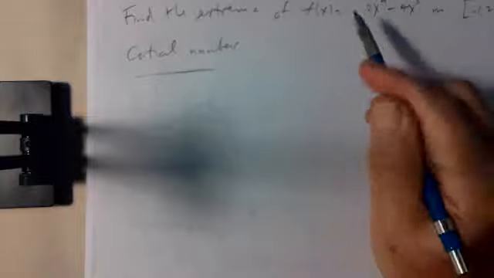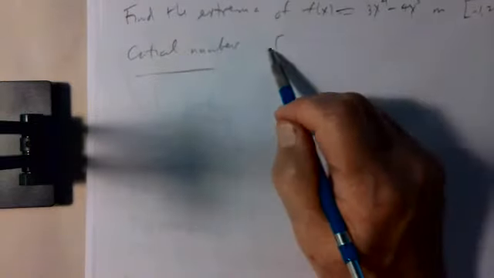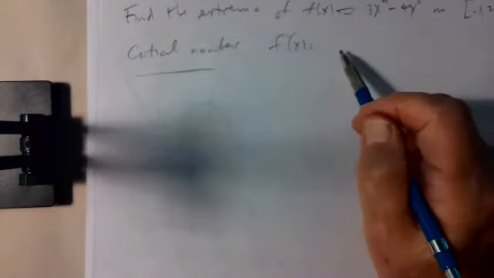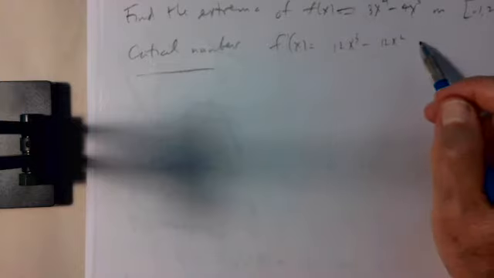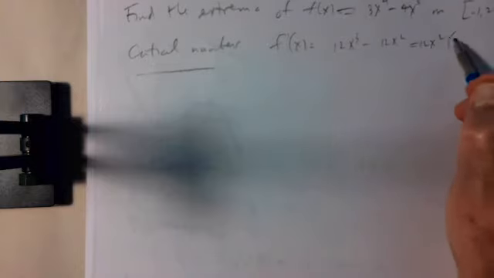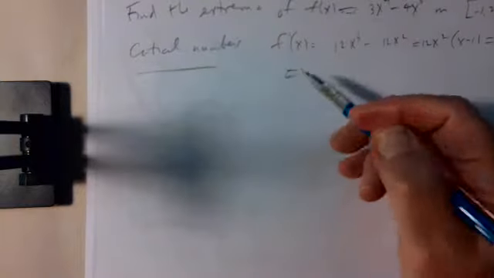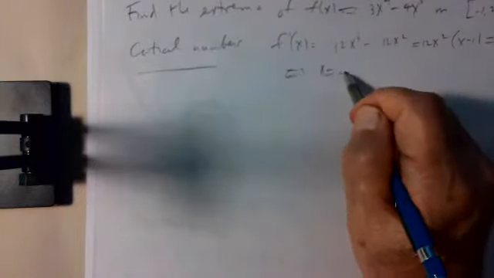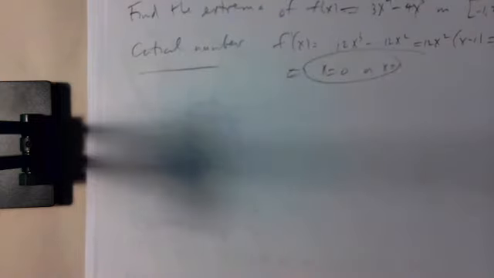You have to find the critical numbers. If f of x is 3x fourth minus 4x cubed, f prime of x is 12x cubed minus 12x squared. That's 12x squared times x minus 1, and that's equal to 0 if and only if x equals 0 or x equals 1. So these are the critical numbers.